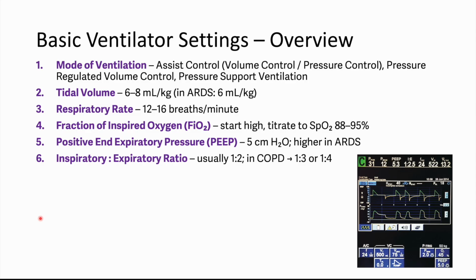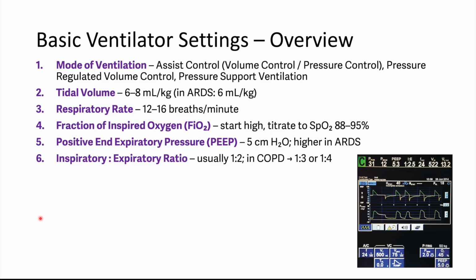Then tidal volume is 6 to 8 ml per kg. In ARDS, it is 6 ml per kg, so we have to keep a low tidal volume in ARDS. Then we maintain the respiratory rate around 12 to 16 breaths per minute.